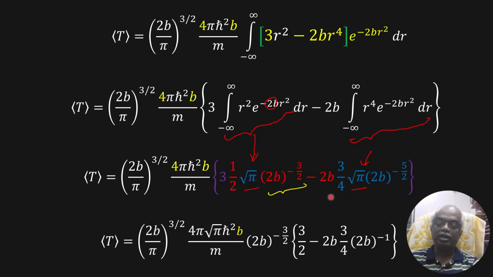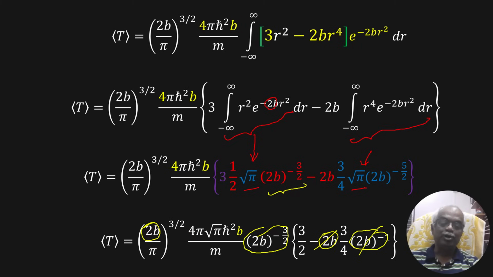Here you have 2p, so this 2p will get cancelled with this 2p inverse. Then this 2p power minus 3 by 2 will get cancelled with this 2p power plus 3 by 2.